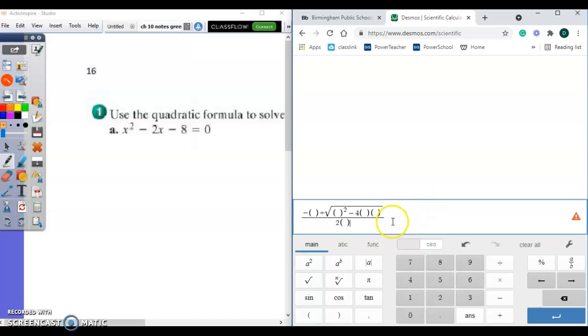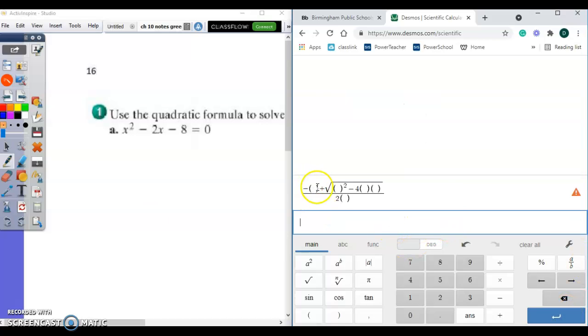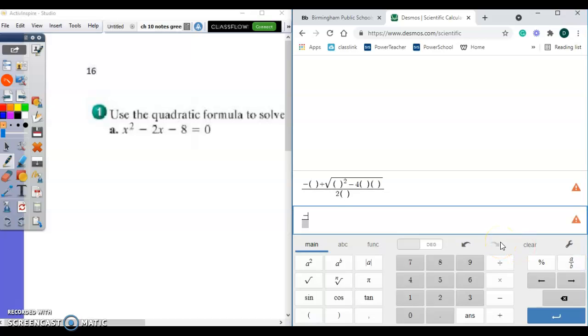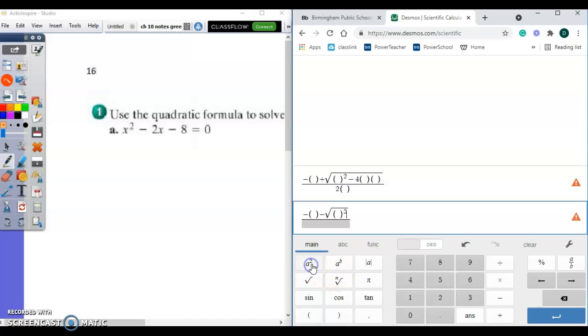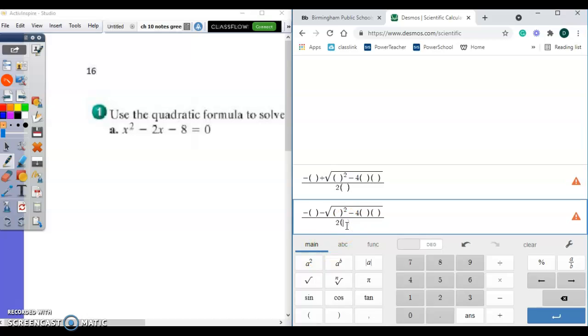All right, so now I'm going to set up this exact same one. I wonder if I can copy this. I don't think I can. So I'm going to set up the same thing, but instead of a plus, I'm going to put a minus. So negative b minus the square root of b squared minus 4ac, divided by 2a.